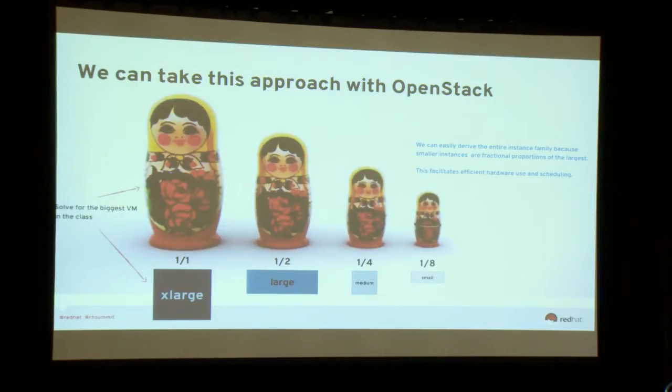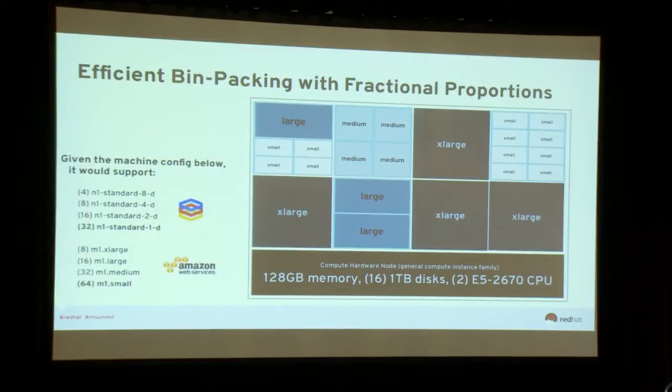So what does this look like in terms of a compute node? If you have a compute node with a certain ratio of resources, let's say 128 gigs of RAM, 16 1-terabyte disks, and 2 processors, and you define that as your general compute instance family, then you can efficiently bin pack those virtual machine types into that node.